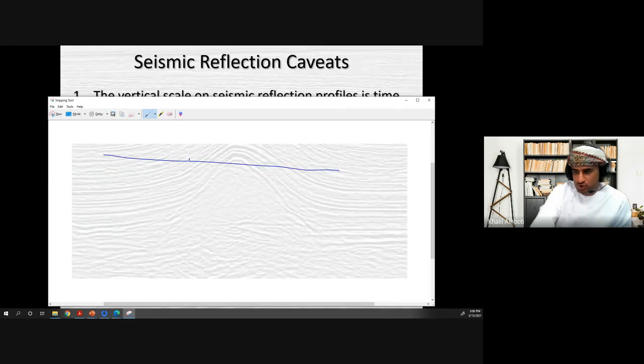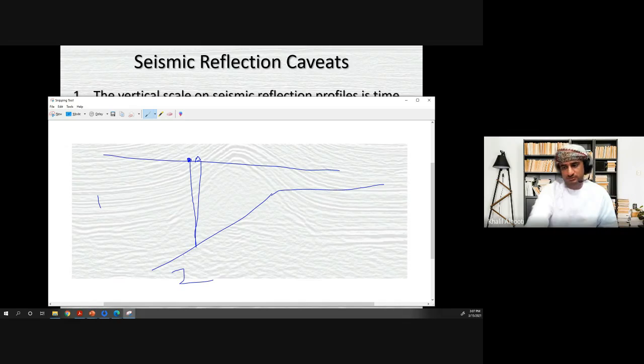Let's assume source and receiver at the same point, close to each other, and I have a reflector making an angle. So this is layer one, and this is layer two. You think it goes like that and gets reflected to the surface. That's not true. It goes this way, goes here and is reflected back. This is a right angle.